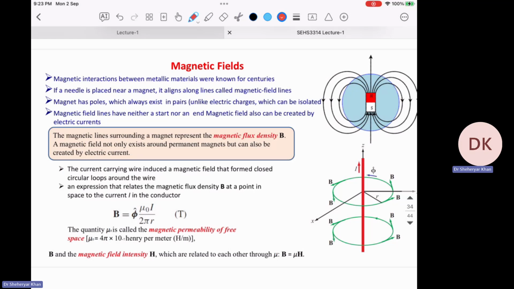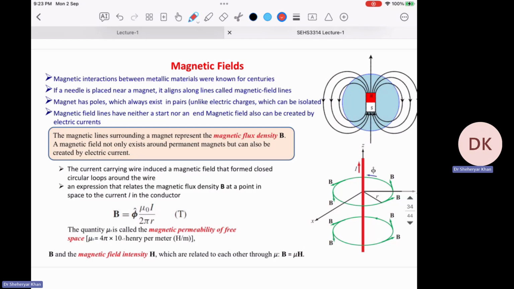We can only show one circle, but actually the field is like this. It's spreading around. So we have different circles, and this is the conductor. We will study this phi later. This phi is again a pure vector. Whenever this phi comes, that means circular, angular direction.